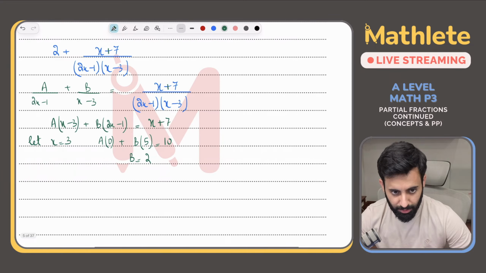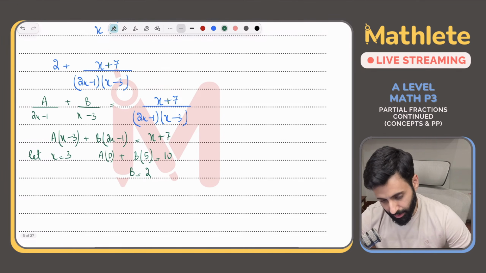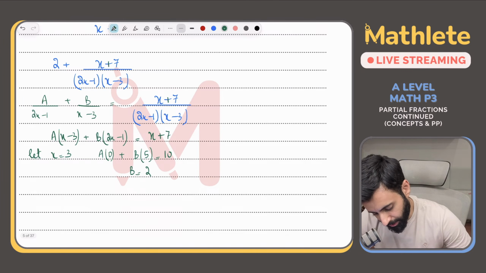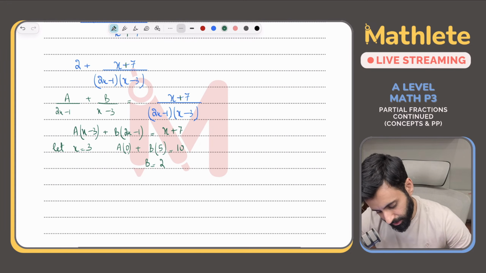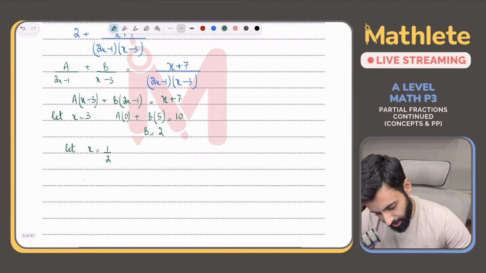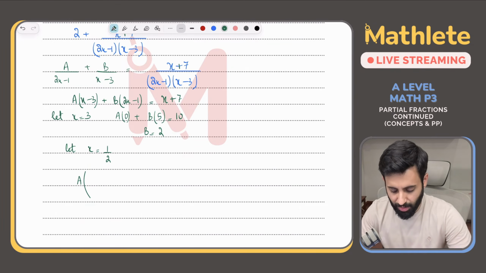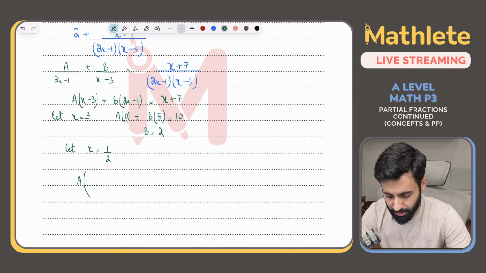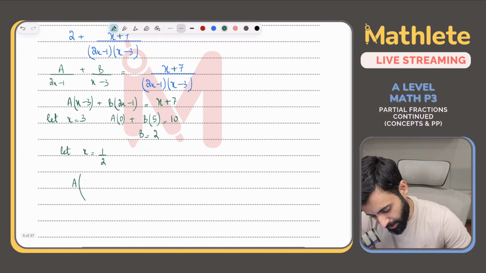Yes, this is the last question. And now let's find out the value of a, for which we are going to substitute. We're going to say let x be equal to 1 upon 2. Yeah, that should get the job done. So if x is equal to 1 upon 2, then 1 upon 2 minus 3, that's half minus 3, 0.5 minus 3, which is equal to minus 5 upon 2.